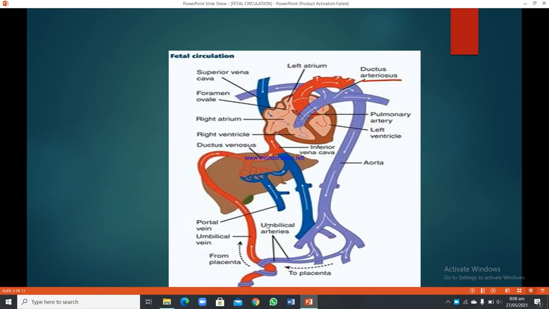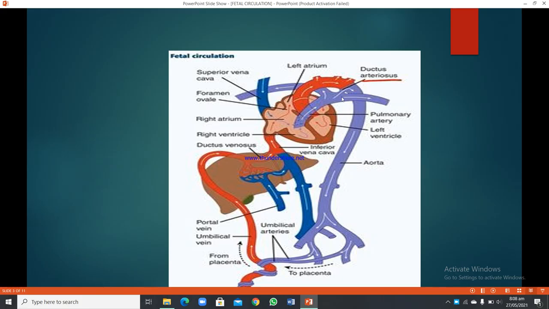placenta. This circulation is different from the circulation in the human body because of some changes. Here the foramen ovale is patent, the ductus venosus is there, and the pulmonary system, that is the lungs, are not involved.